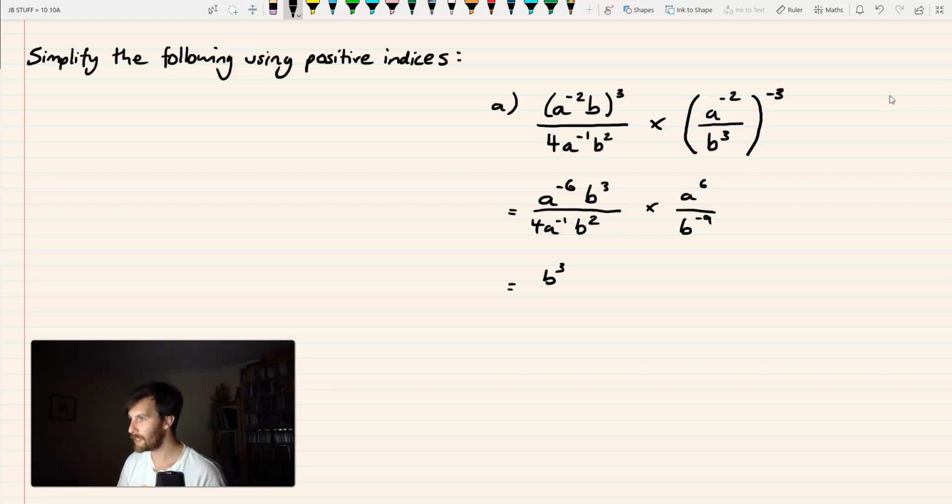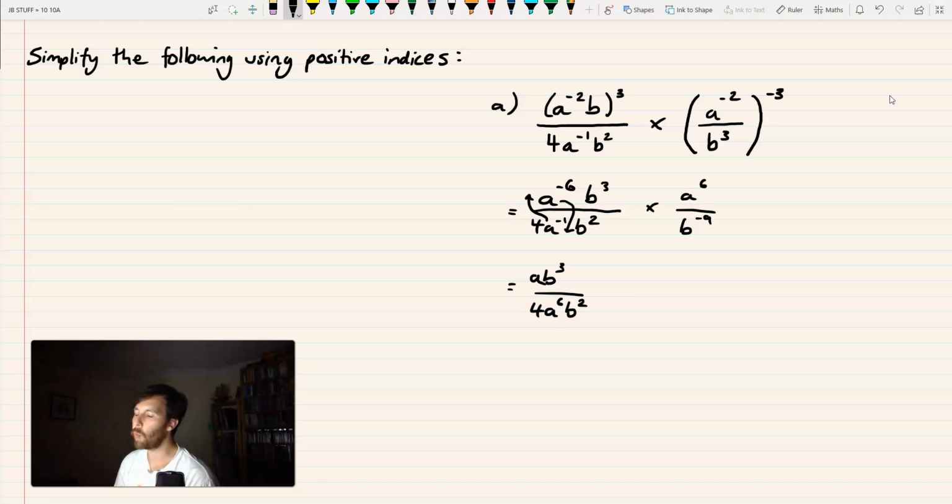So b to the power 3 stays up there. 4, and then I'm going to multiply that by a to the power 1 as well. I'm going to use some arrows to actually show what I'm doing. I'm going to put my a to the power negative 1 there, my a to the power negative 6 down here. So on my numerator, I've got ab cubed over 4a to the power 6b to the power 2.